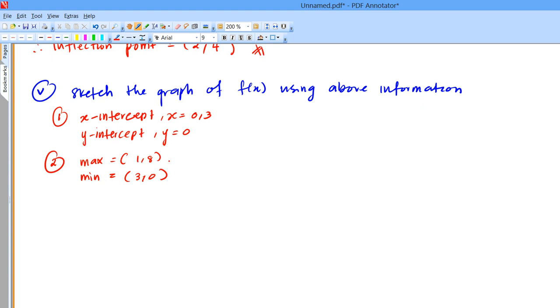And then the information we have about increasing and decreasing: from negative infinity to 1 union 3 to positive infinity means an increasing function, and then from 1 to 3 is a decreasing function.